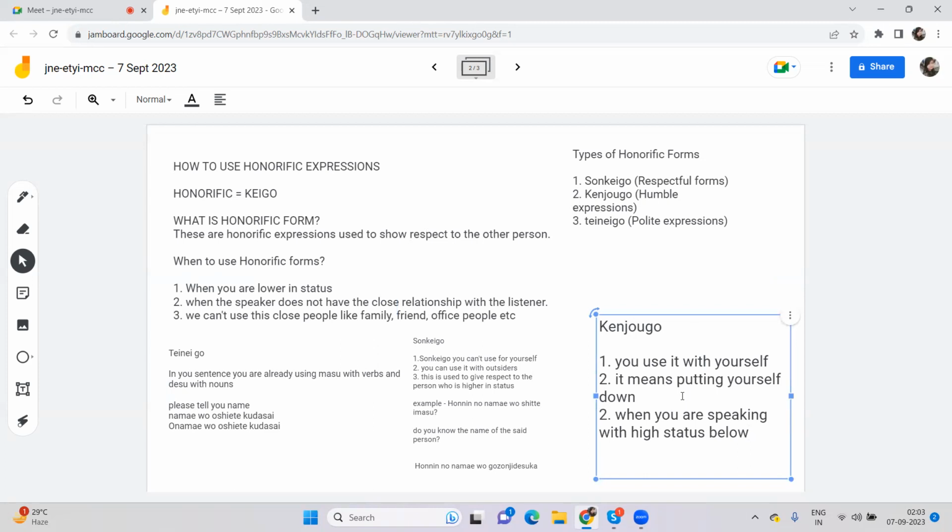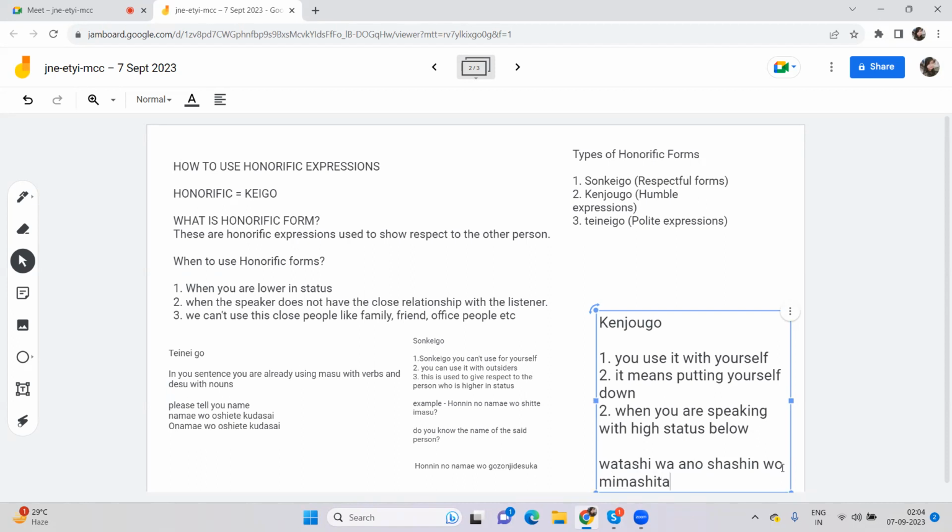So here the example is, okay, I am writing the example here. Watashi wa ano shashin o mimashita.